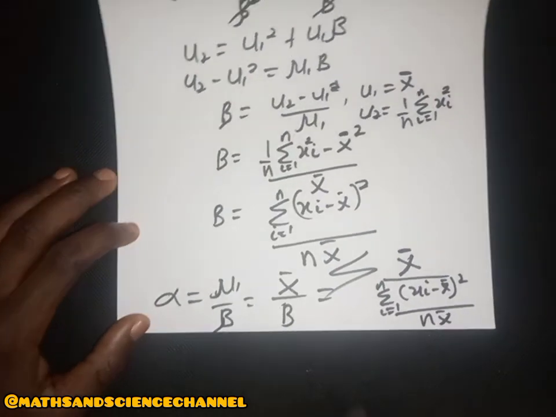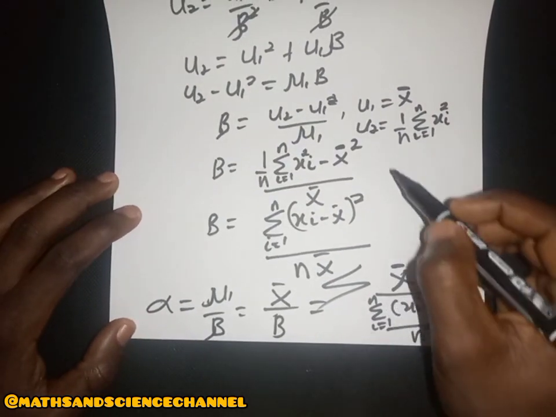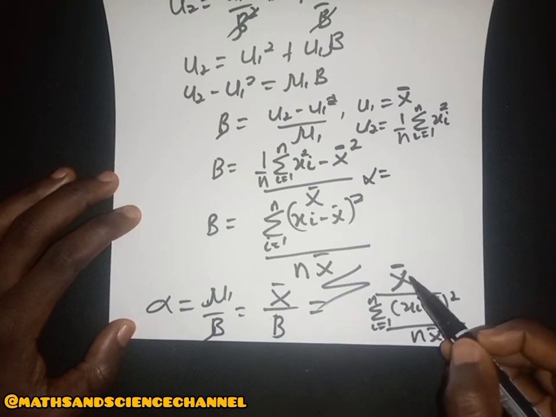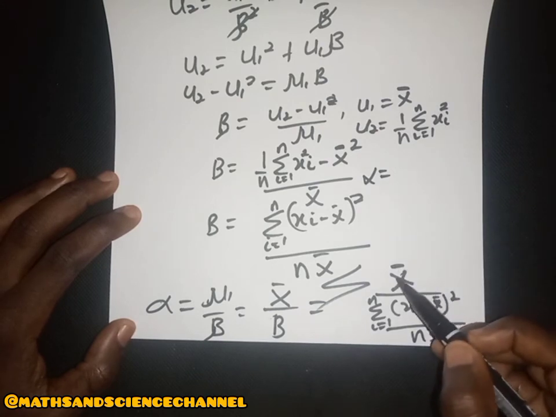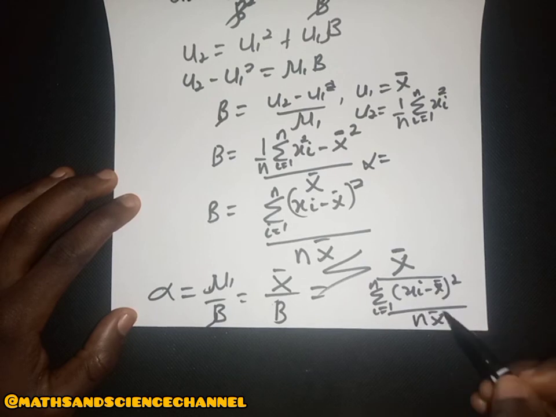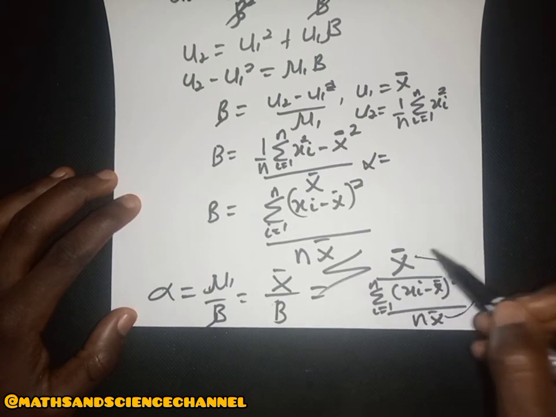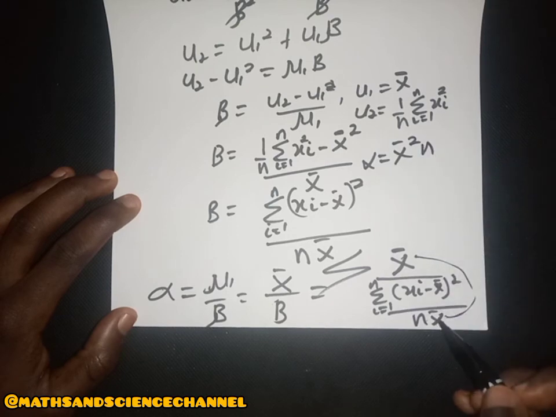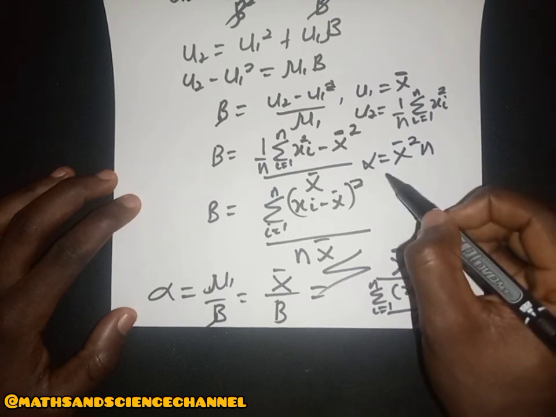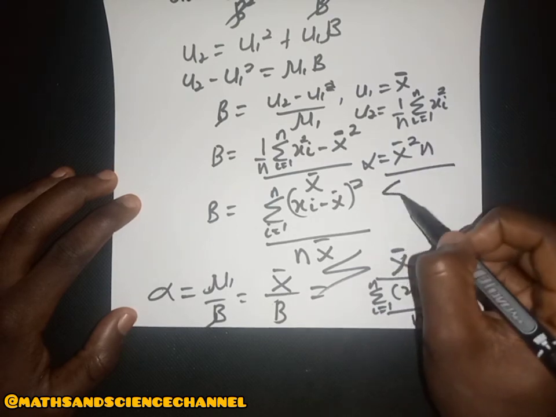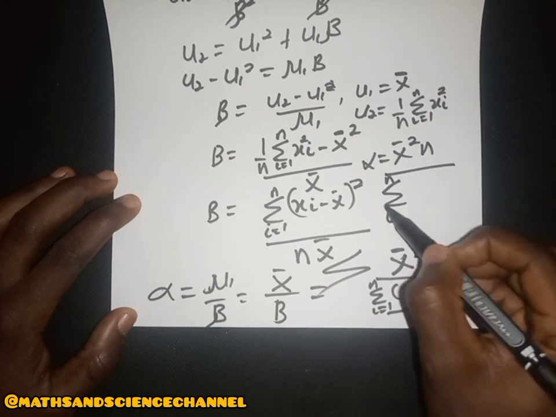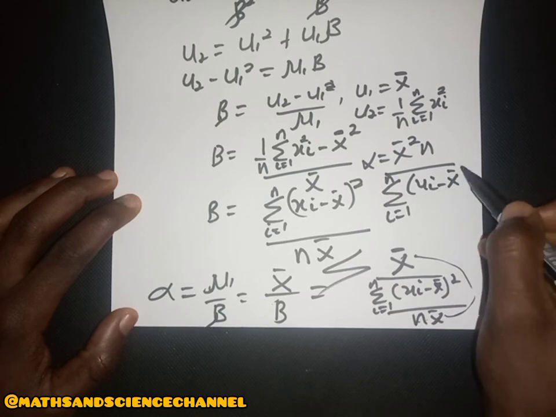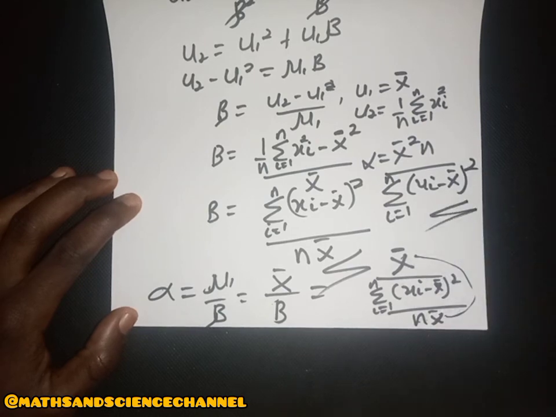So in this case, writing alpha here, we have alpha to be equal to the mean divided by that, also divided by this. So this moves to the top there, then becomes the mean squared times n, because it multiplies, and then n divided by the whole of that, which is the summation from i equal to 1 to n of x_i minus x bar squared here, and that will give us alpha.